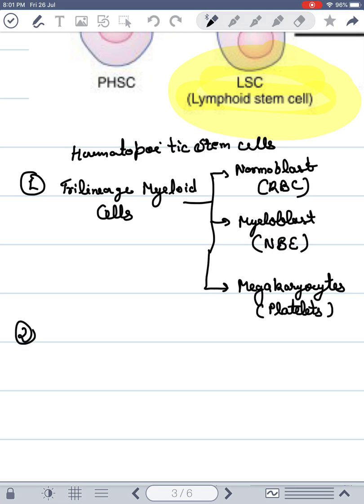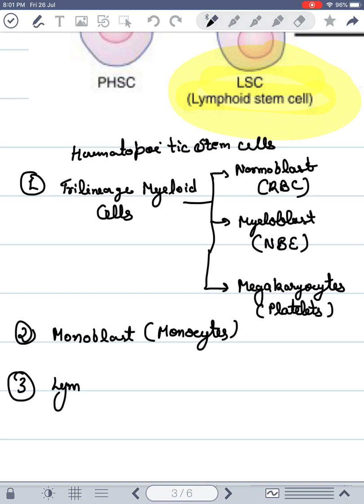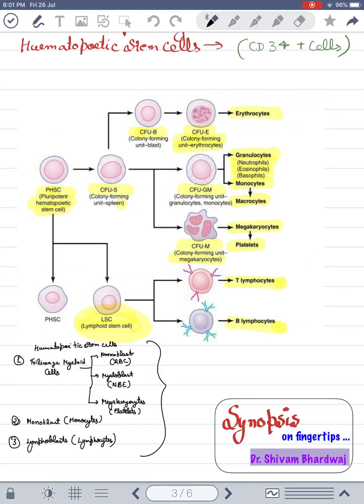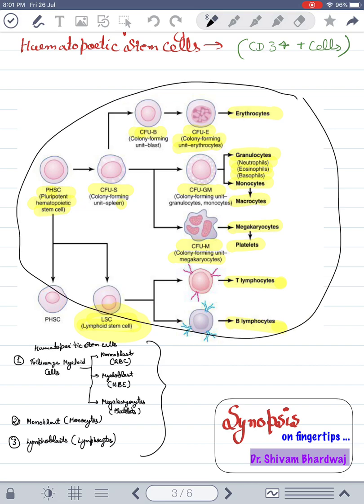Another group of cells are monoblasts, which will be giving rise to the monocytes, and the third is lymphoblasts, which will be forming the lymphocytes. So we can remember either this or this. The reference for this is Guyton and Hall.